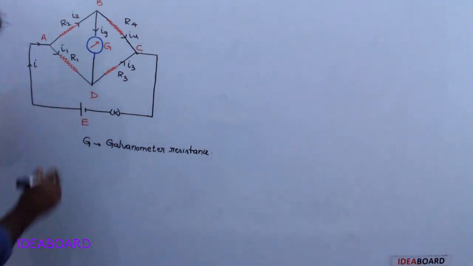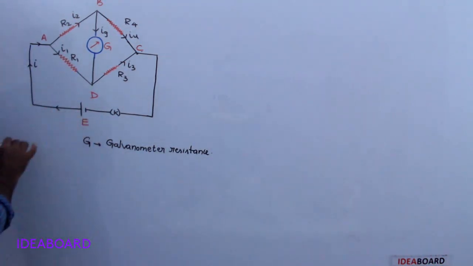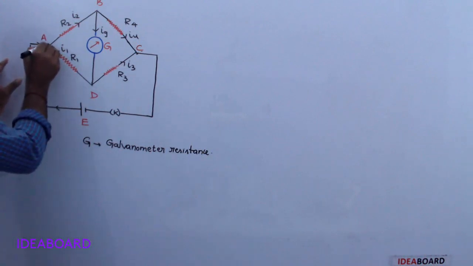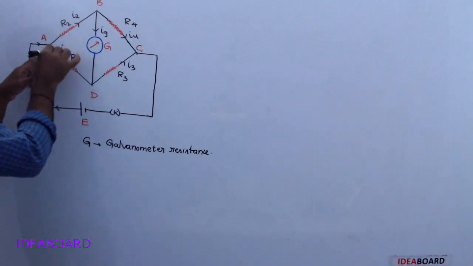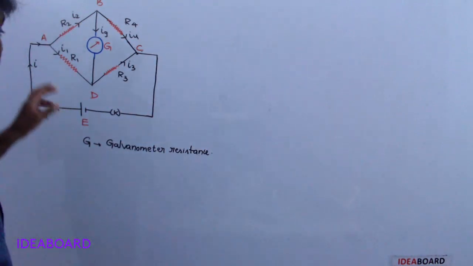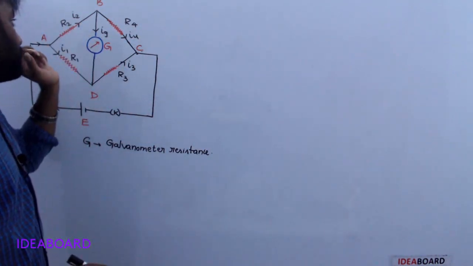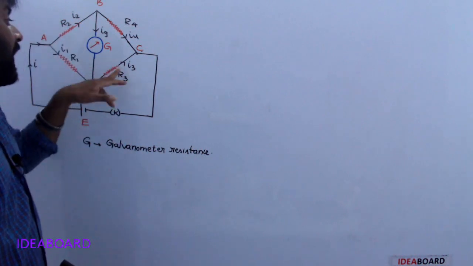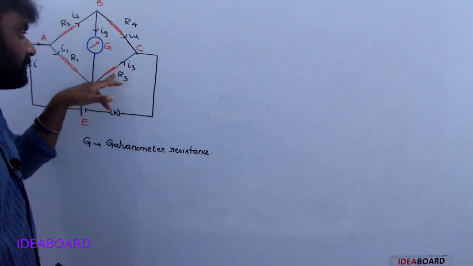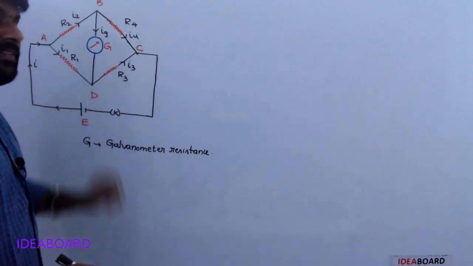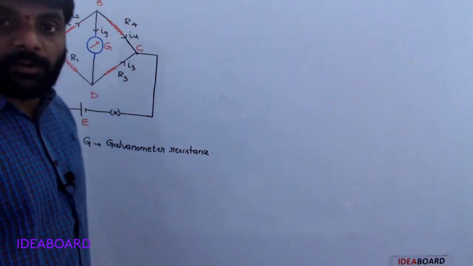Once again, current I splits at A into two parts, I1 and I2. I1 passes through R1, I2 through R2, I3 through R3, I4 through R4, and Ig through the galvanometer.